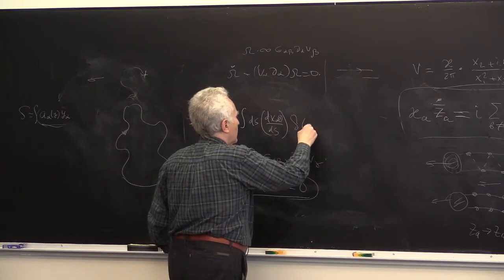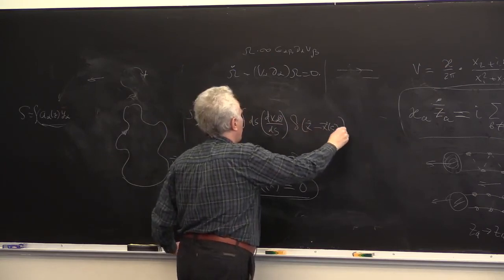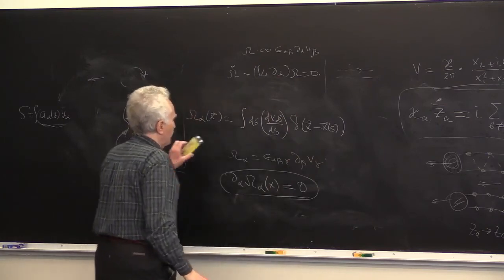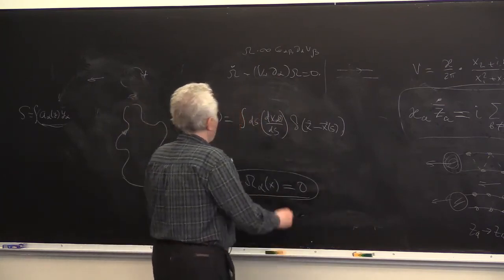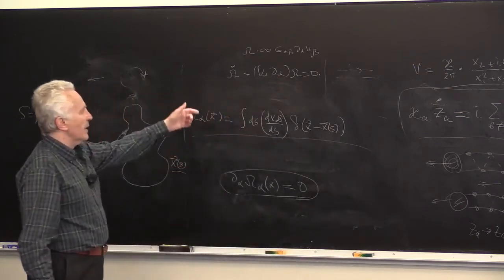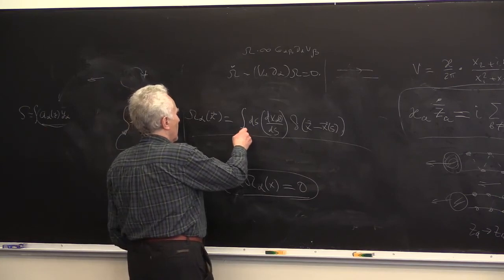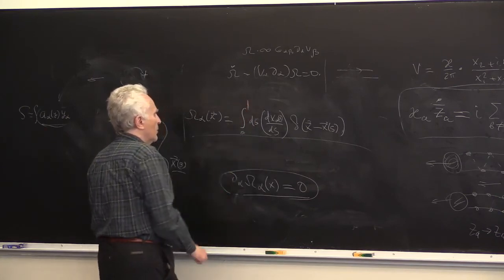And we take the delta function of x minus x of s. Let's look for the solution in this form. Let's say you parameterize it from 0 to 1.